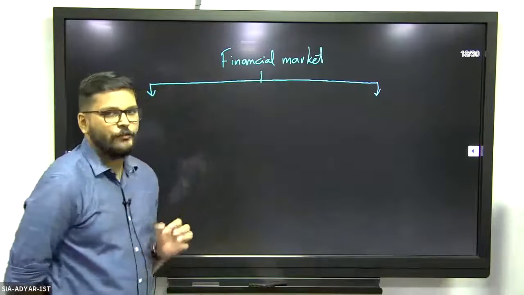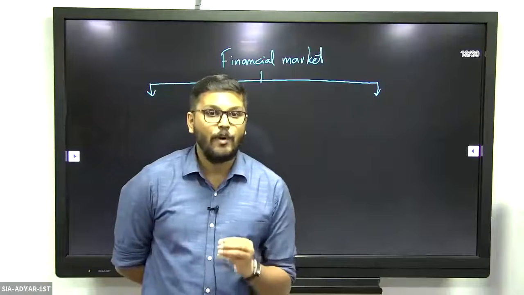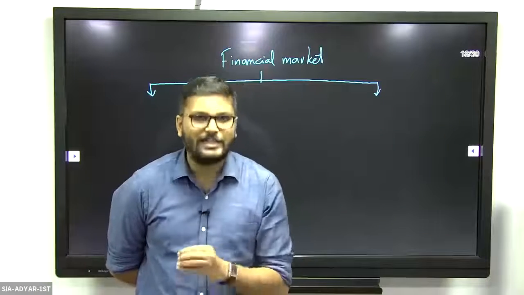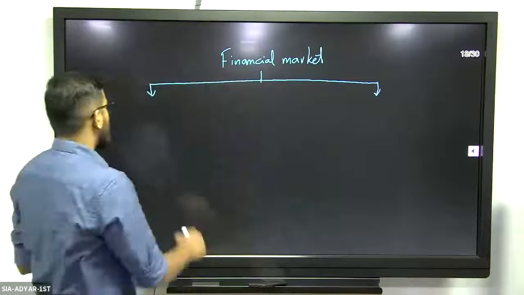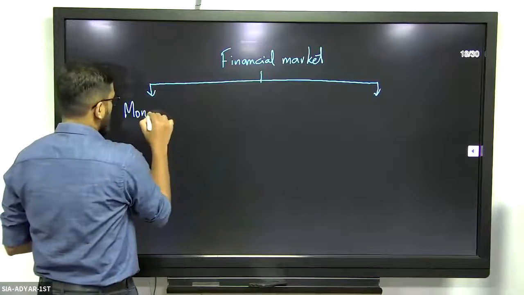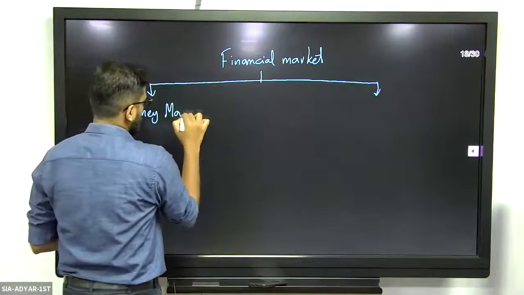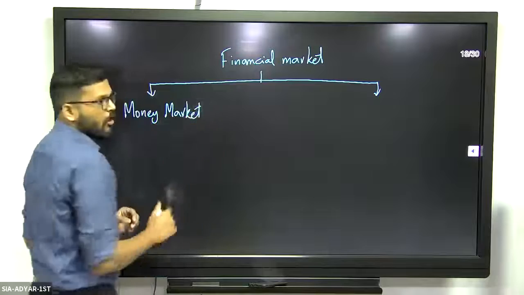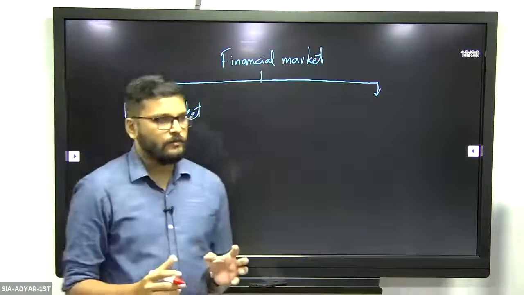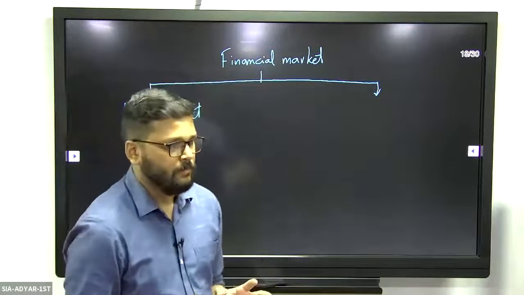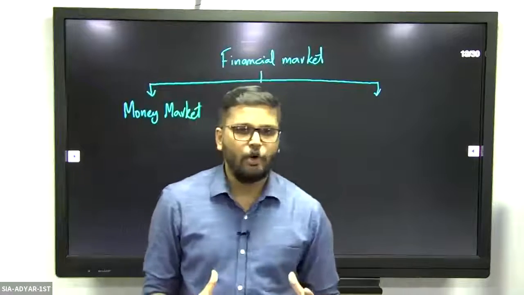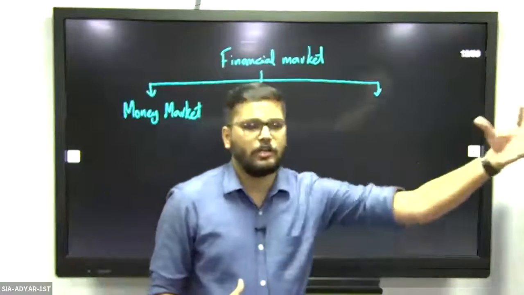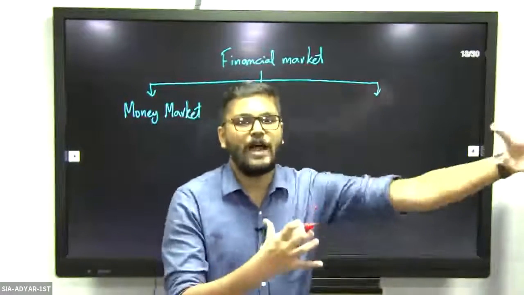Very similarly, in the financial market, when someone requires money for the current expenses of a company, the present expenses of a company, that is called as money market. Short-term financial market. When borrowing and lending is required for the longer term, for future development, for the expansion, that is the other market.